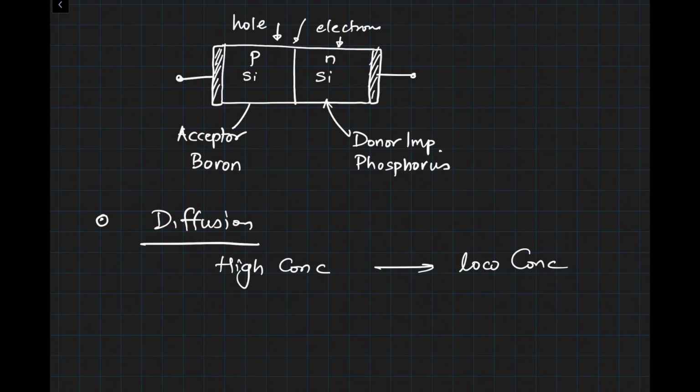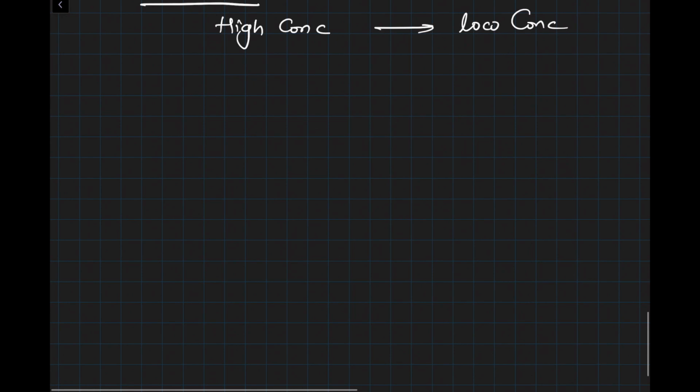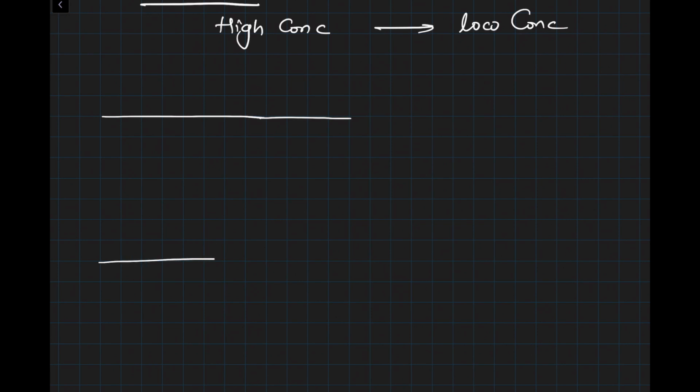And then what happens? Let's draw the picture with different colors so it will be clearer for you. I'm just going to magnify the interface right here. Let's say this is our interface, and I'll put some dots here. So this is the p-type and this is the n-type.